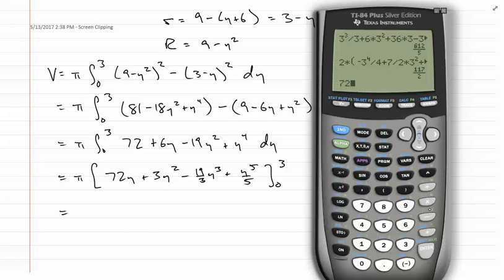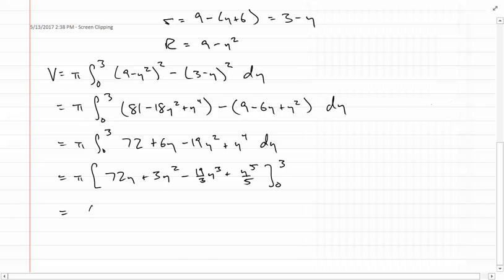So 72 times 3 plus 3 times 3 squared minus 19 thirds times 3 cubed plus 3 to the fifth over 5. That comes out to 603 over 5. So the volume is going to be 603 pi over 5.